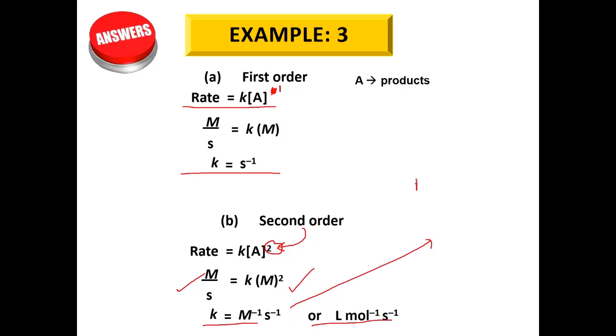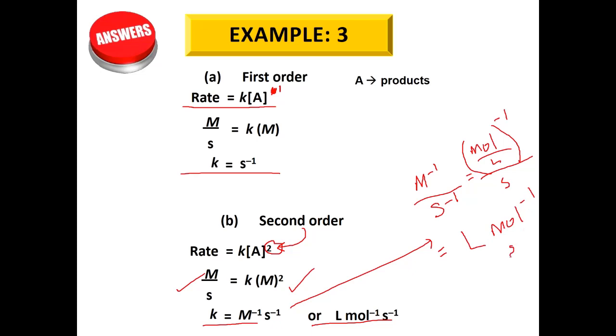M negative 1 over S negative 1 is equal to mole per liter to the power of negative 1 over S, or mole negative 1 S negative 1.